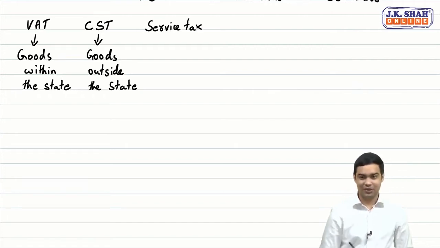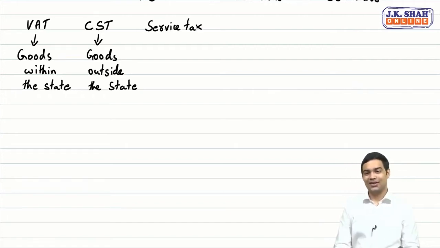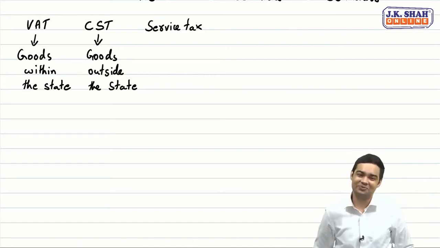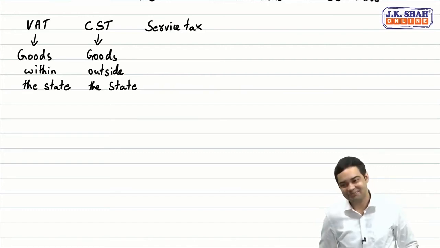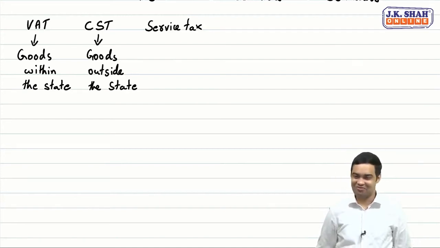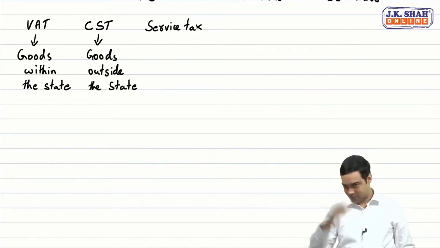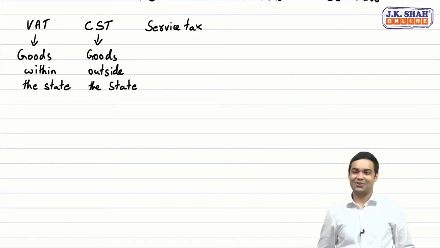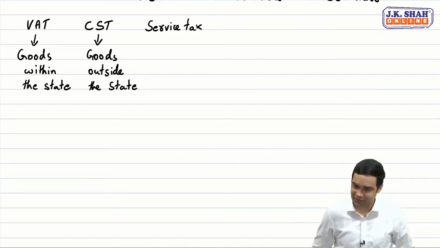He again gave me a call. Nitin, what is service tax now? I asked him, did you purchase the plane? He said, no, Nitin, I have not purchased the plane. Did you purchase the seat and bring it to your home? He said, no, Nitin, I have not brought the seat to my home.